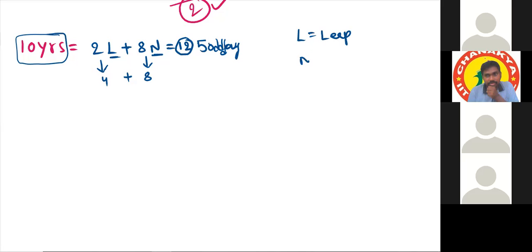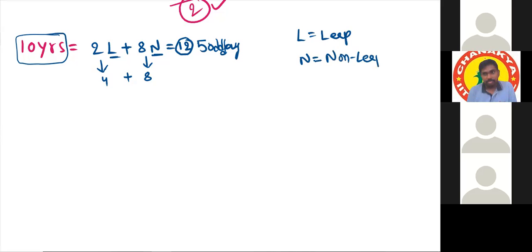Is this another way to find odd days? You just took the odd days out of 2 leap years and 8 normal years. So we have to segregate them first: how many leap years are there, and how many normal or non-leap years are there.